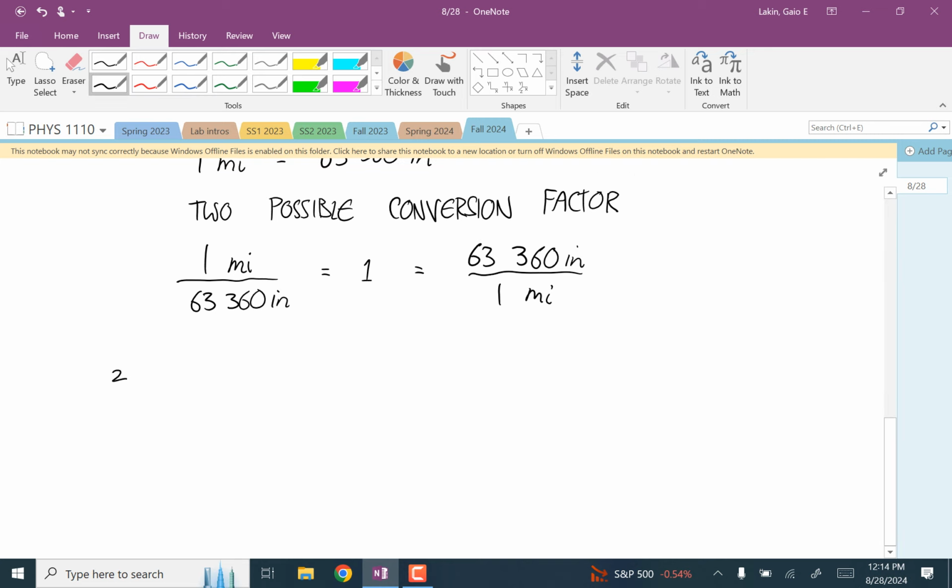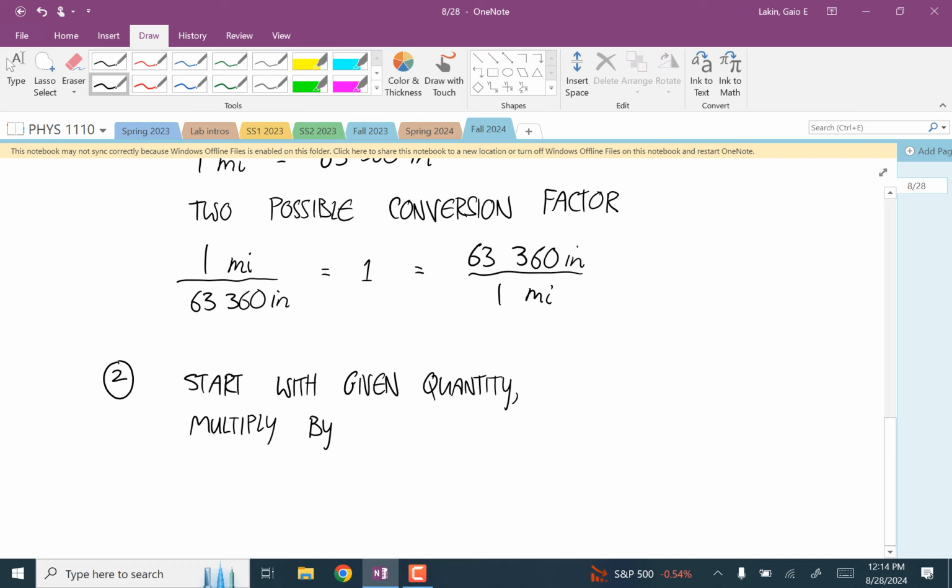So now we're going to use this by starting with the given quantity. And then we're going to multiply that quantity by the conversion factor that cancels the unwanted units.